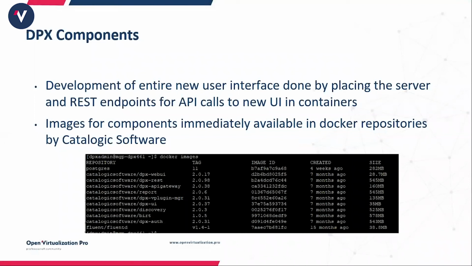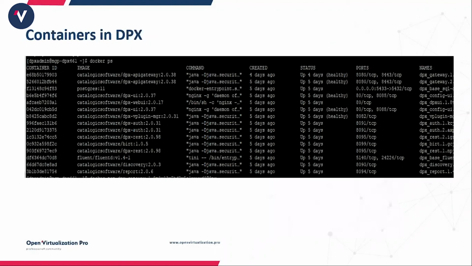These images are going to be available from Catalogic Software directly. So if you're looking for a new version of the UI, you can update your container and be sure that container is going to run with the other container images available on our Docker repository as well. This also helps us multi-thread our application.